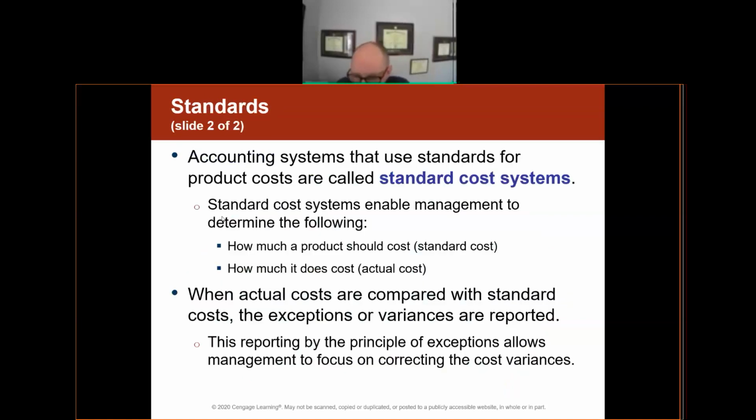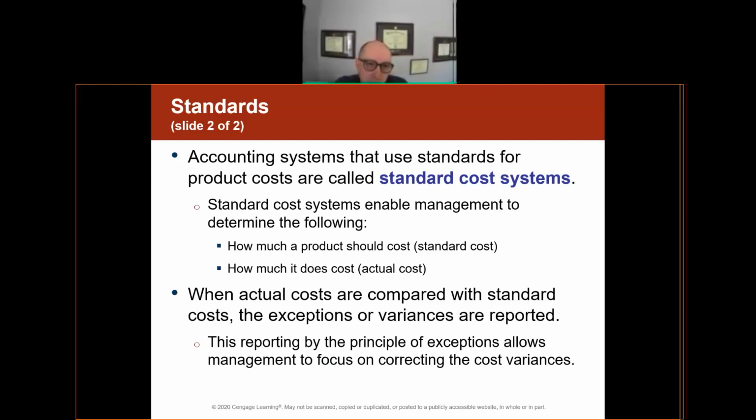In other words, the amount of cost that I would like to achieve for the total cost of a product. That's why it's a goal, right? My goal is to reduce my total cost of a product by X. That is a standard cost. So just the way to remember it is standard cost is the same as a product cost. So direct materials, direct labor, factory overhead, that is a standard cost.